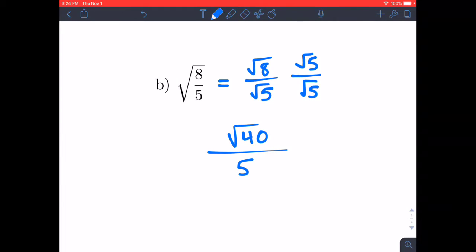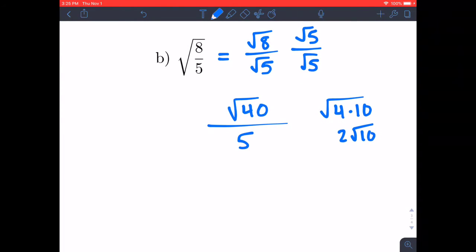So from there, all we can do is look for something that might come out of the square root on top. 40 is 4 times 10, so square root of 4 is 2, square root of 10. So this would end up being 2 square root of 10 over 5.